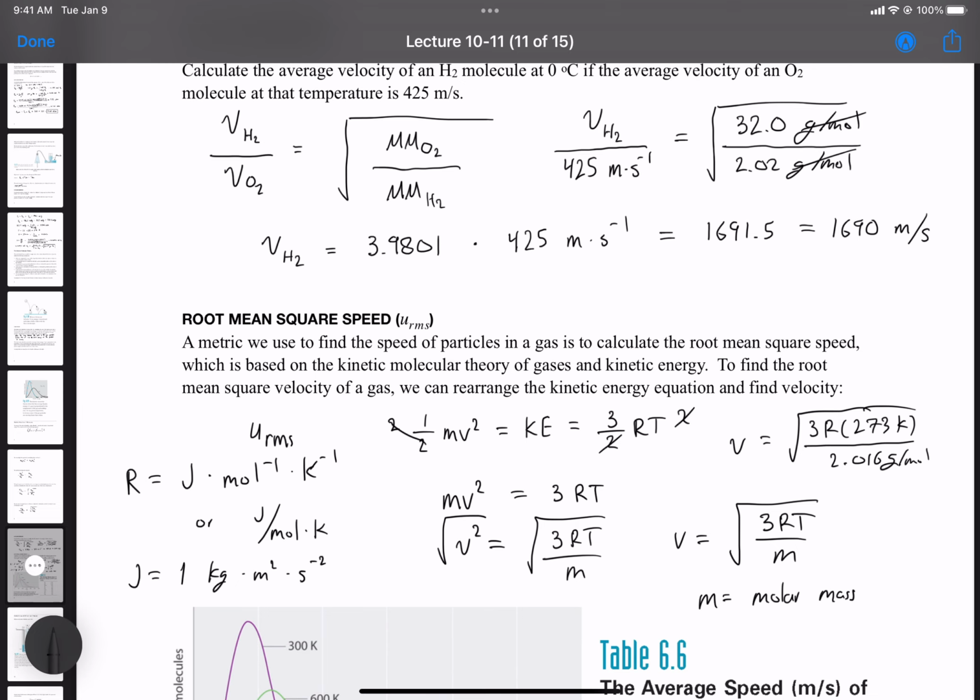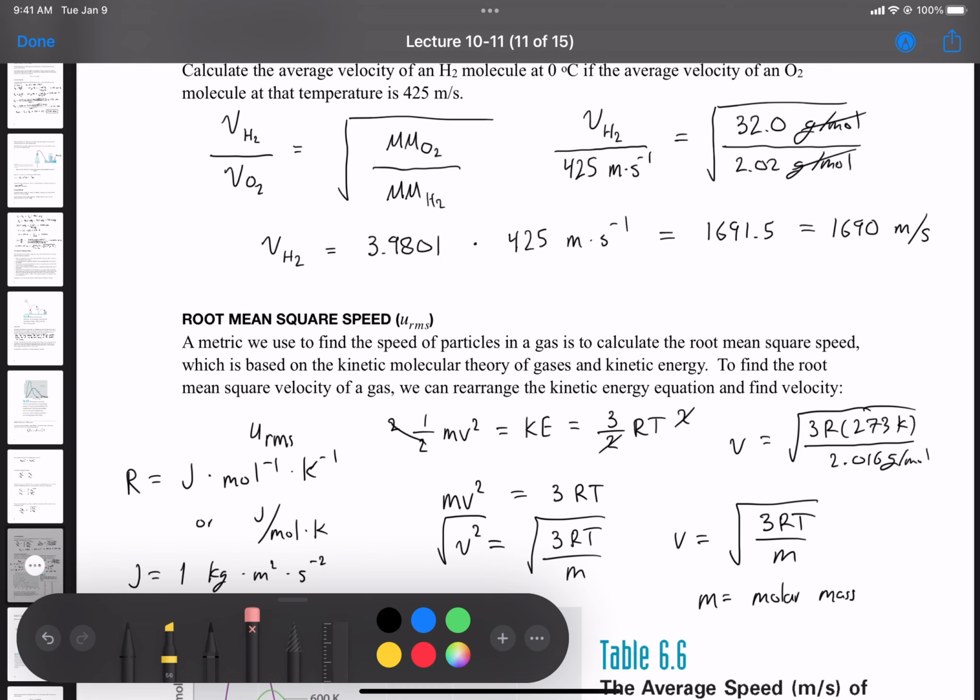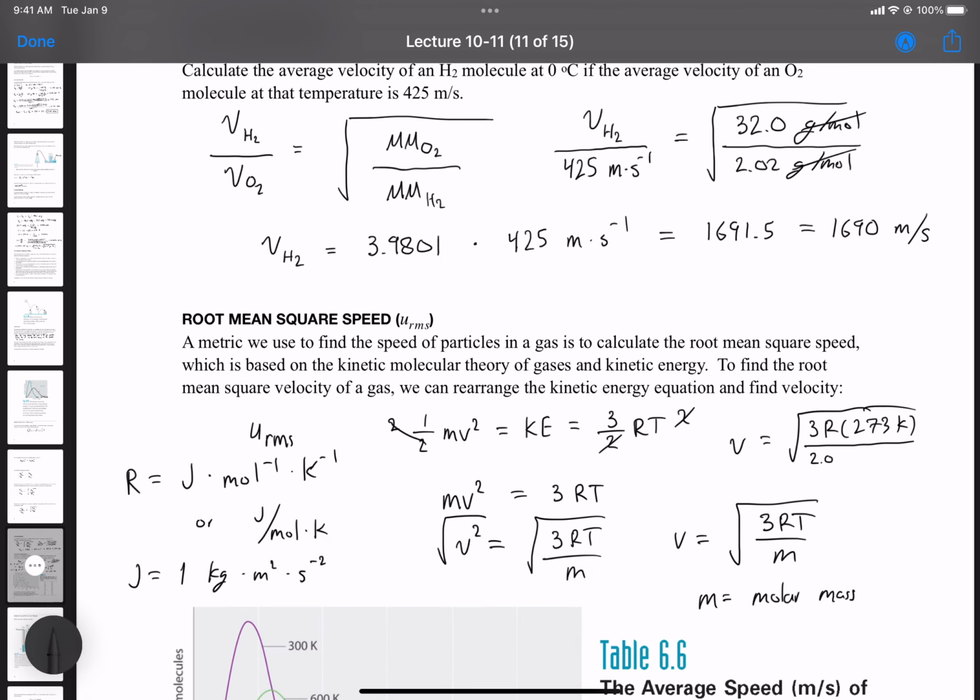In this case, we will have to convert the molar mass to kilograms per mole, so that'll be 2.016 times 10 to the negative third kilograms per mole.